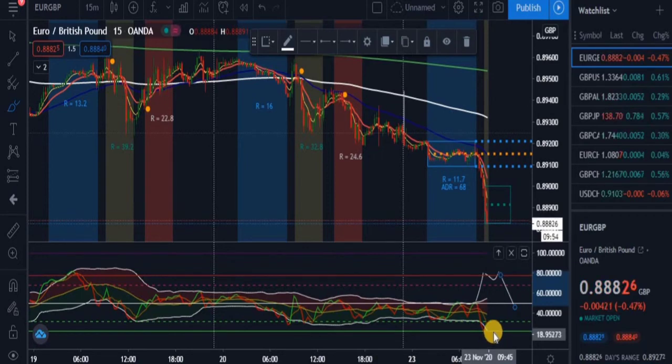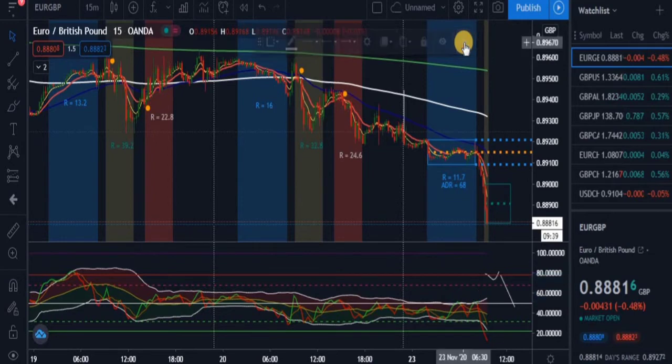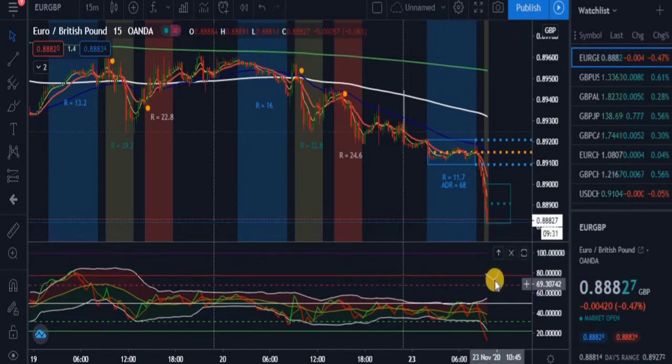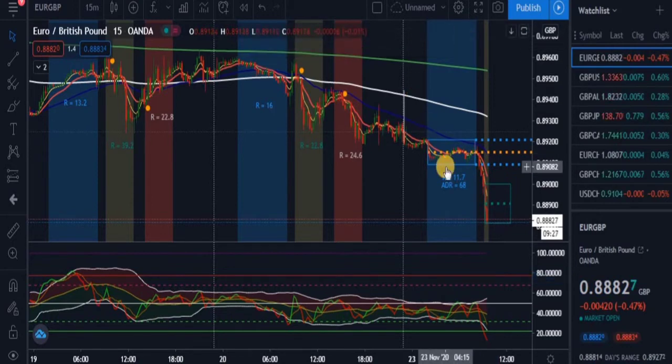Now we will be looking for buy opportunities. You could see how price is still coming down. Let me quickly delete this. You could use this period while waiting for buy opportunities to look at the higher time frame to see where price is heading.